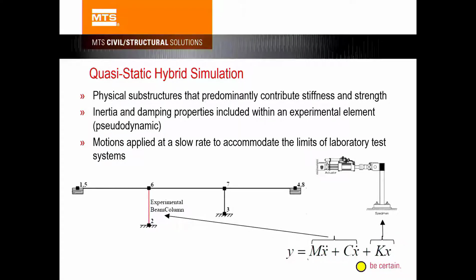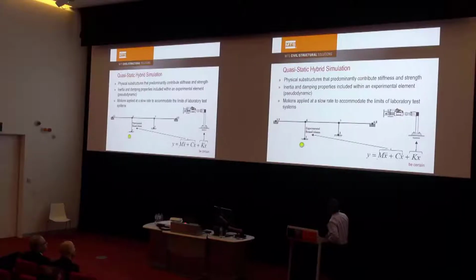So if the member is rate independent, then the lab can provide only the stiffness term. The inertial term and damping term can be included in the numerical model.